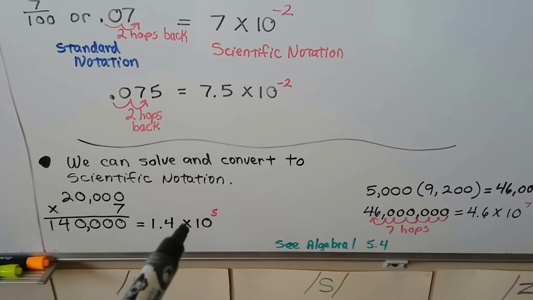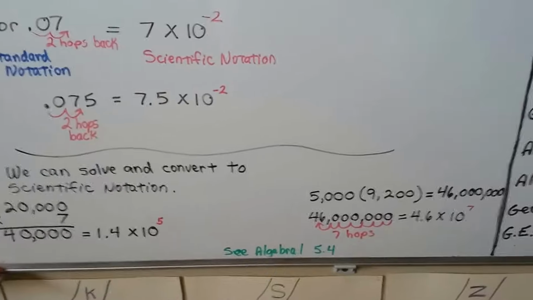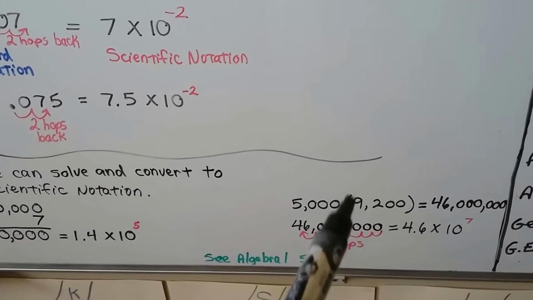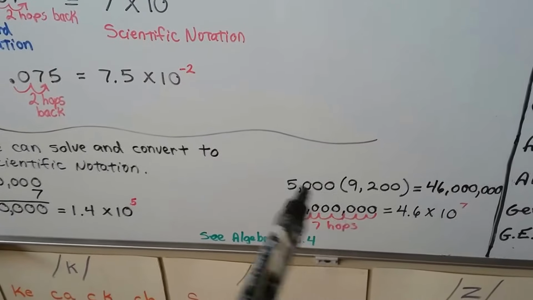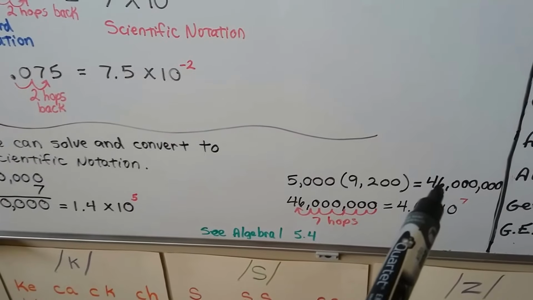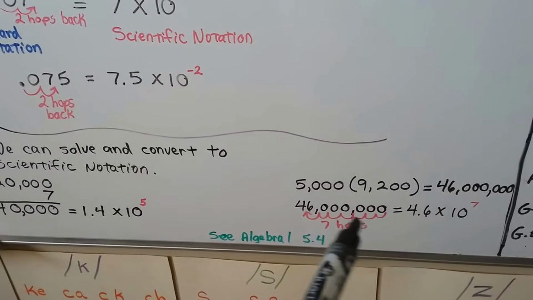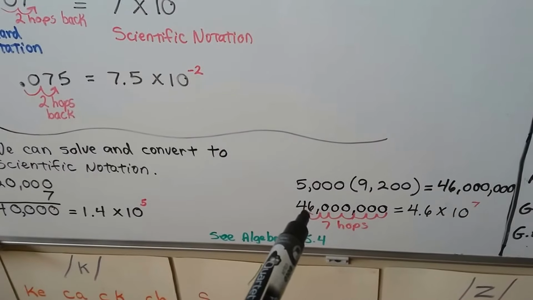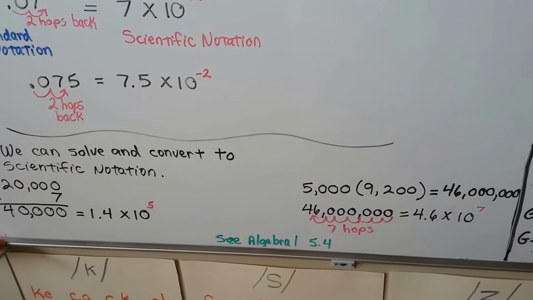So we have 1.4 times 10 to the 5th power because we had 5 hops. If we have 5,000 times 9,200, we can just multiply it with our calculator real quick. And we get 46 million. We can write the 46 million in scientific notation. We count the hops. There's 7 of them to go in between the 4 and the 6. So we have 4.6 times 10 to the 7th power.